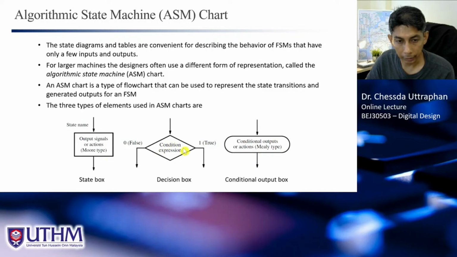And the condition is represented like this, just like a flowchart: from here we have the condition, and if the condition is false, we go this way, and if the condition is true, we go this way. And we have the conditional output box also. This is for Mealy type. The shape is like this.